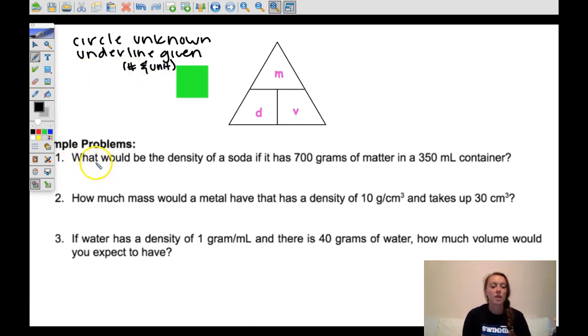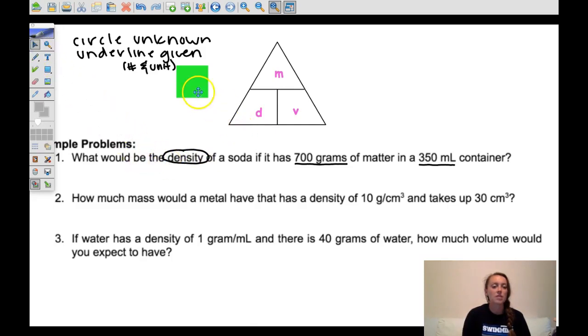So in my first problem, it says, what would be the density of a soda if it has 700 grams of matter in a 350 milliliter container? So I see two numbers here. I have 700, and it's attached to the unit of grams, and 350, which is attached to the unit of milliliters. And after rereading the question, there's a question prompt, what would be, in front of density. So I'm solving for density here.